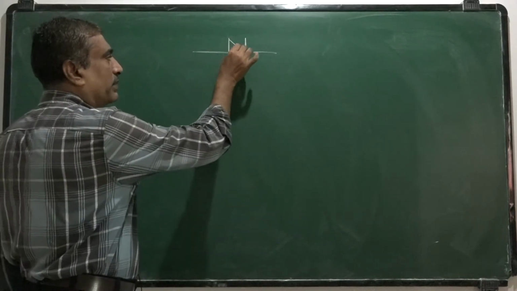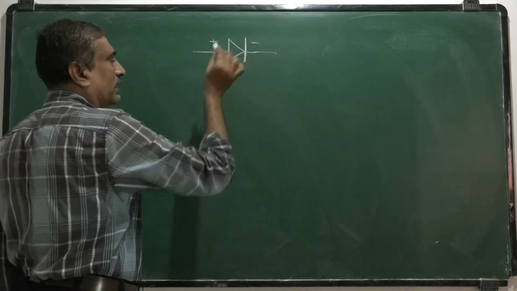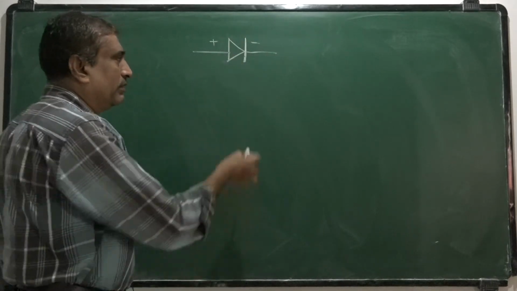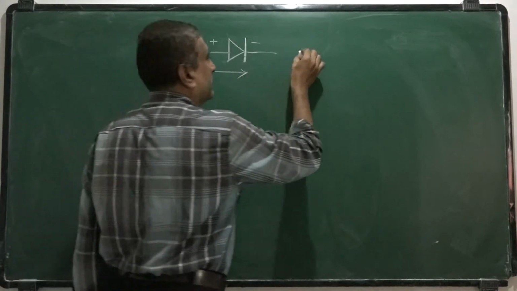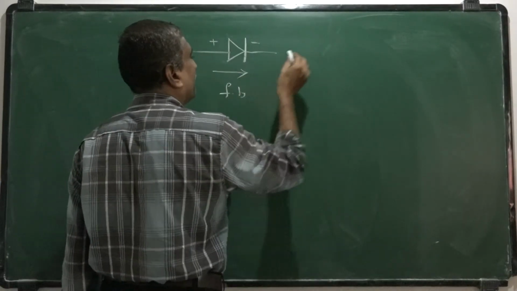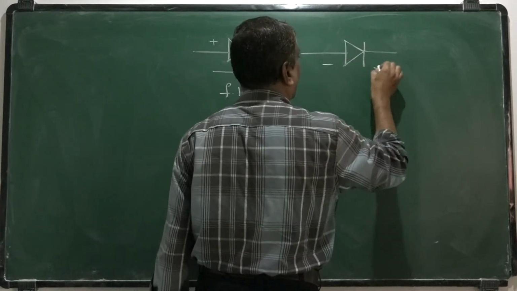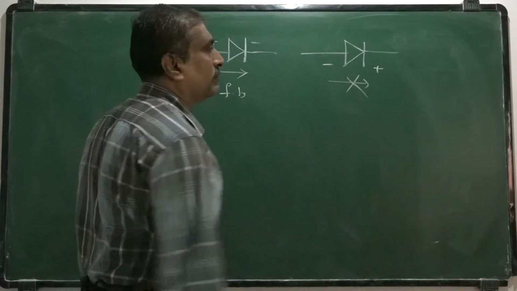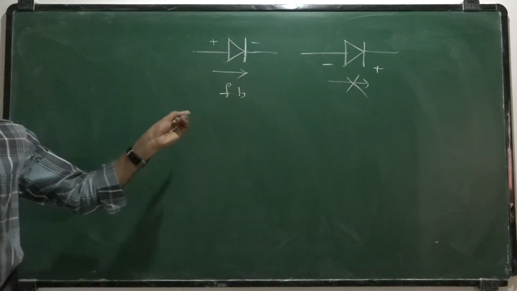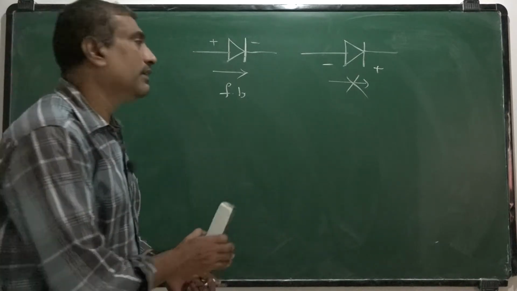This triangle is P and this line is N. When P is connected to the positive terminal and N is connected to the negative terminal of the battery, that is forward bias, and current flows through this circuit. But when it is in reverse bias, current does not flow across this junction. Using this property, we use the PN junction diode as a rectifier.